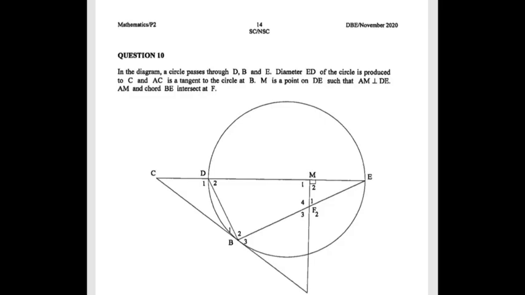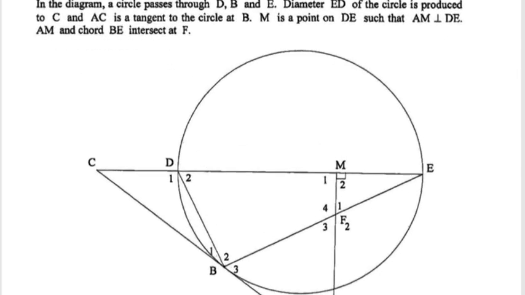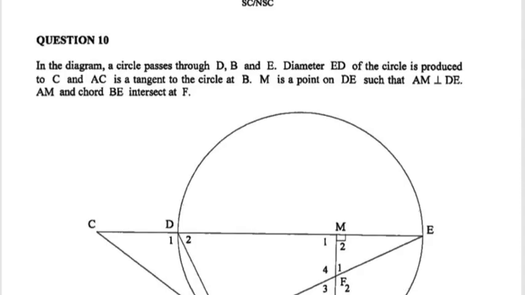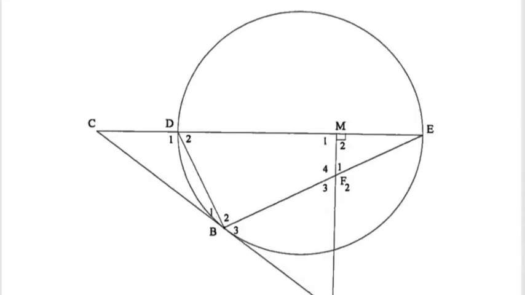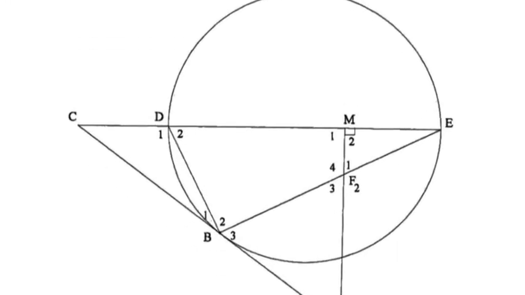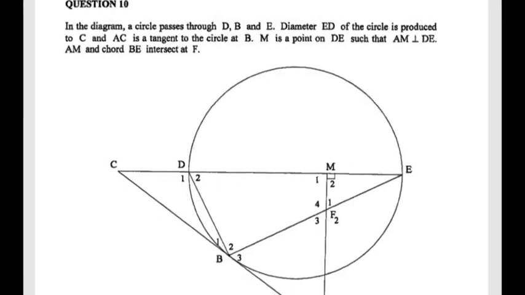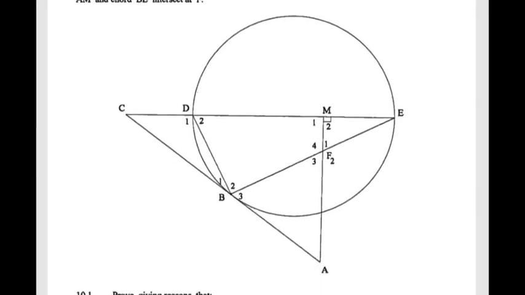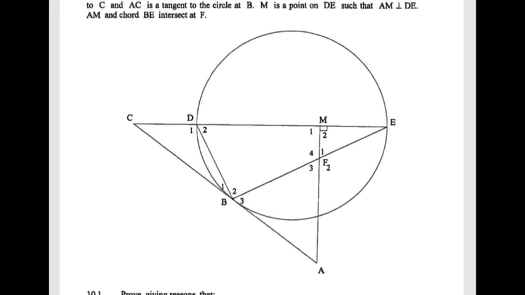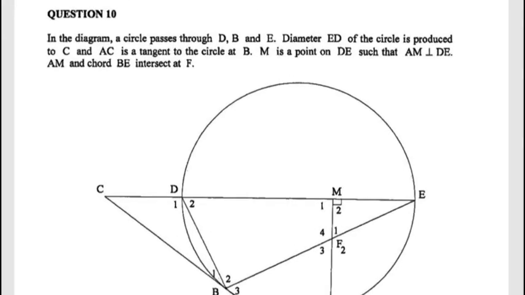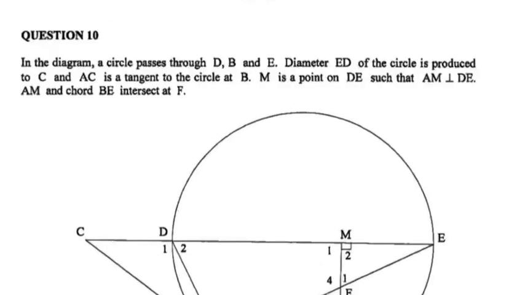The question says, in the diagram, a circle passes through D, B, and E. Diameter ED of the circle is produced to C, and AC is a tangent to the circle at B. M is a point on DE such that AM is perpendicular to DE.